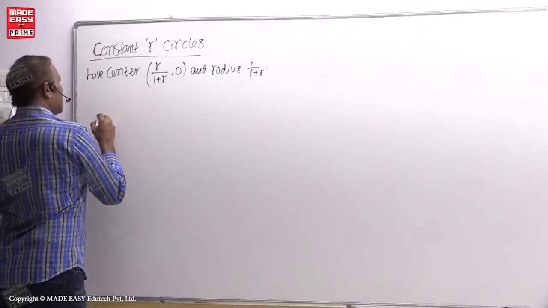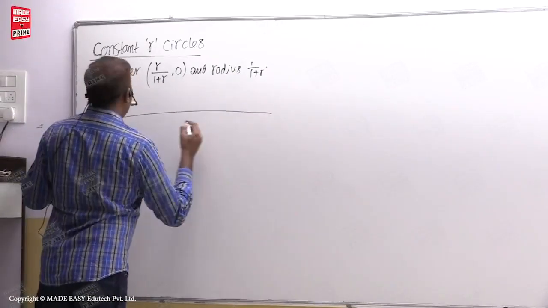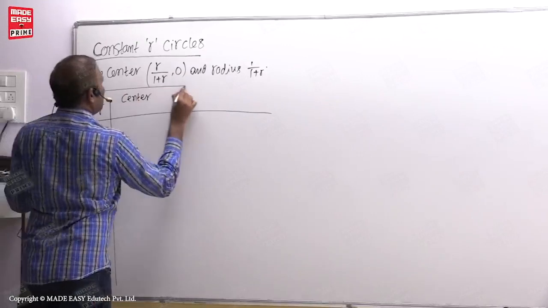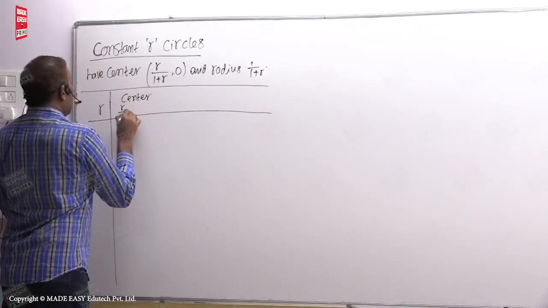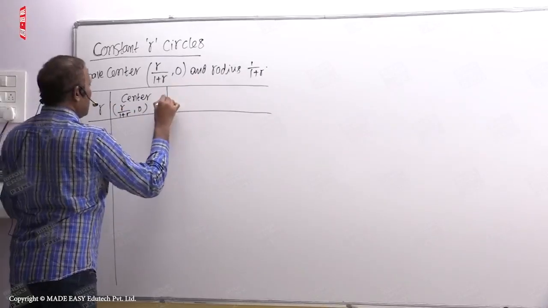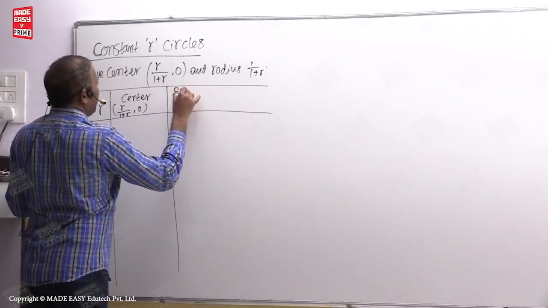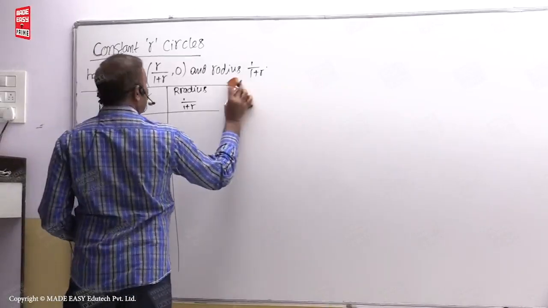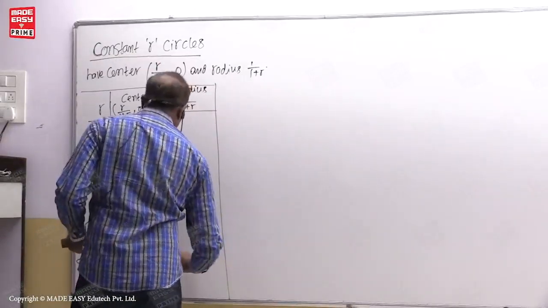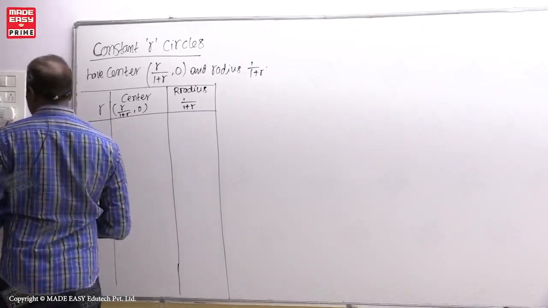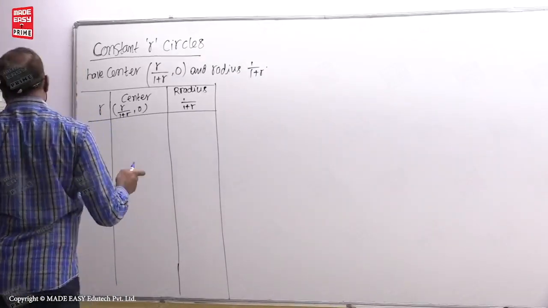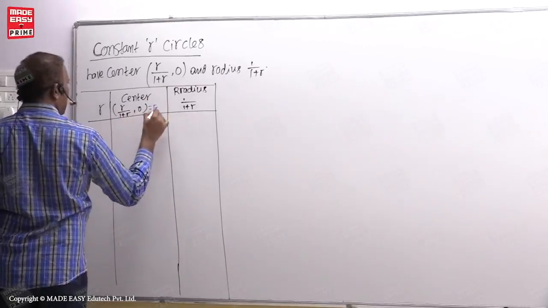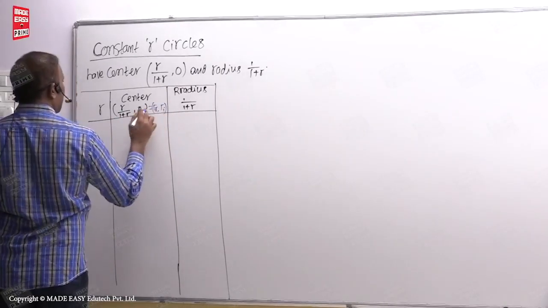So now let us take here R values, and the center is R divided by 1 plus R comma 0, and the radius 1 by 1 plus R. So here students, this is gamma R first one, comma gamma I second one.